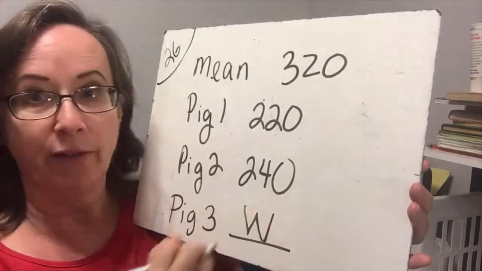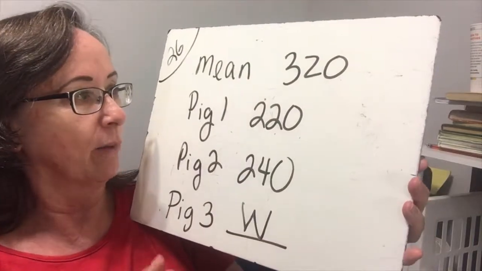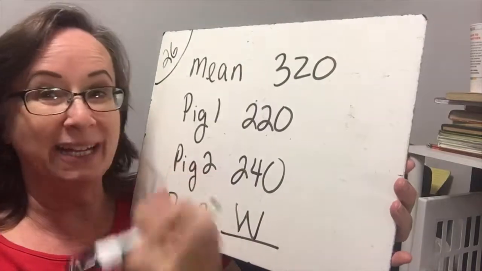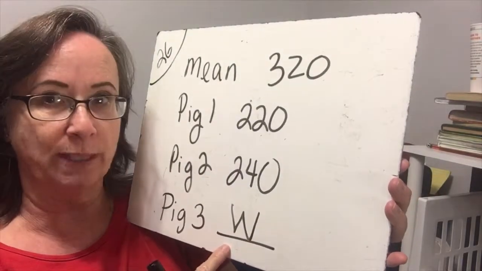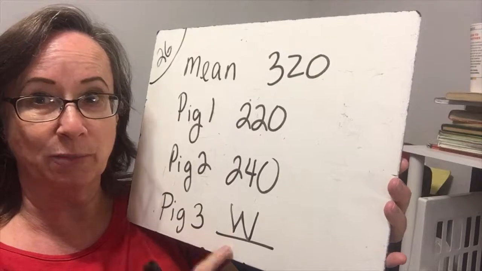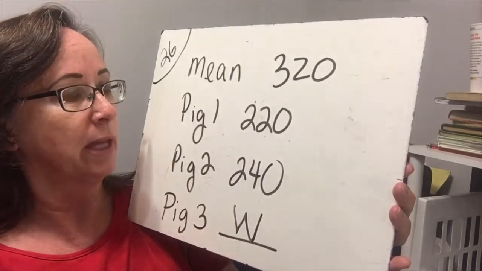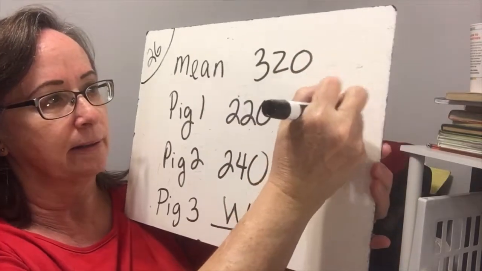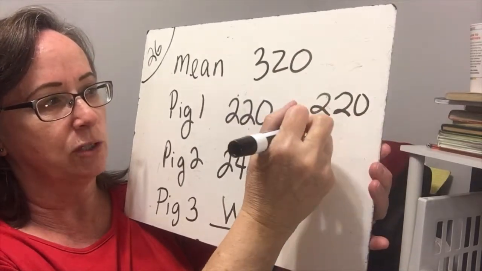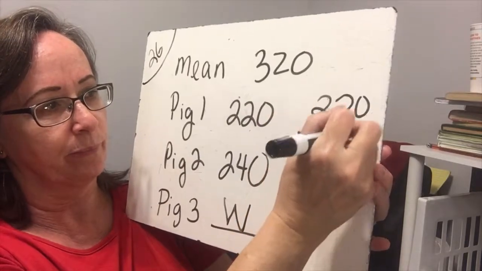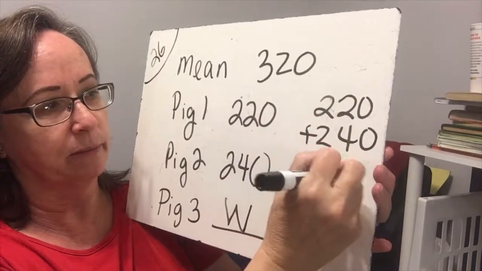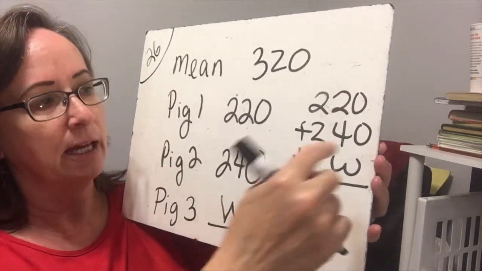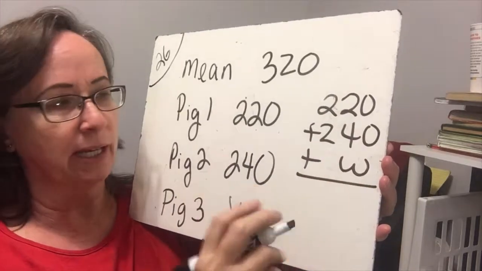All right, so we're going to say pig 1, pig 2, pig 3, and we're going to add up all of their weights. Even though we don't know what pig 3's weight is, we can just call it W. So we're going to say that 220 plus 240 plus W is the total weight of the pigs. Okay, so I can't add the W in, so I'm just going to have to tack him on.